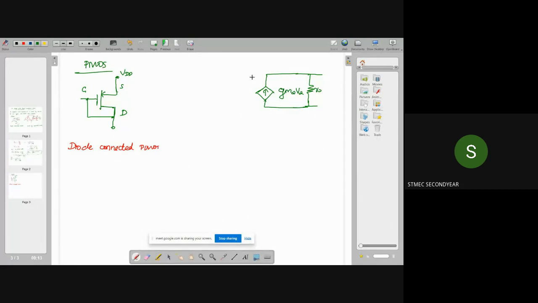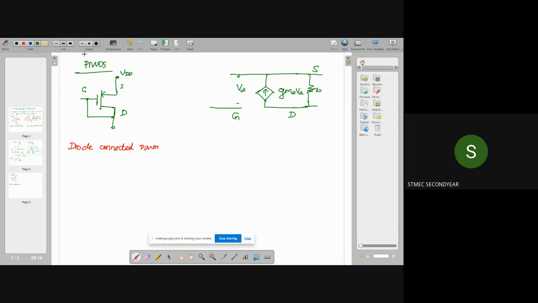Here this will be my source, this will be my drain, and here it will be the gate. Let the voltage between gate and source be V2, so that I can take GM2 into V2 here. So this is the equivalent circuit for the PMOS transistor.